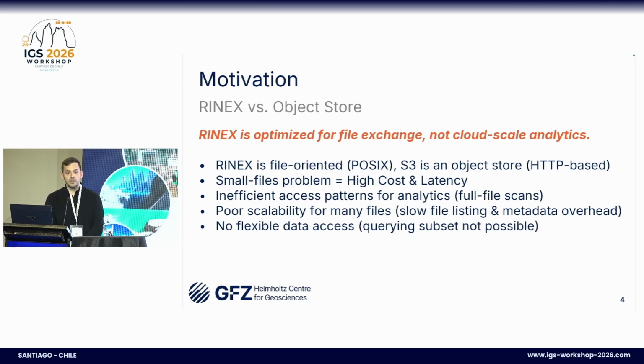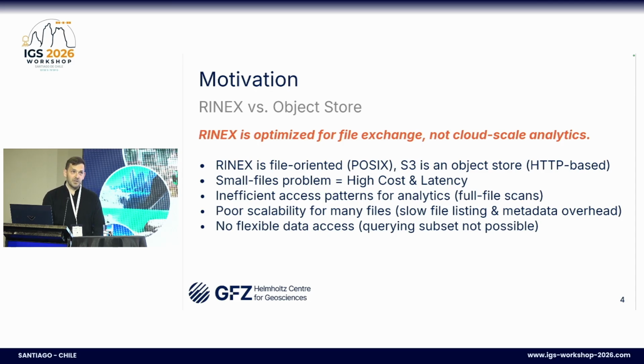We always have to perform a full file scan to get maybe a minimum of information that we're actually interested in out of the data. And we also have poor scalability for many files. If we are on an object store, just the metadata overhead of putting all these small files in a bucket makes it really slow at the end.